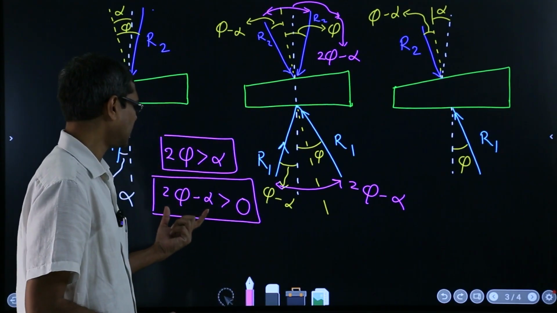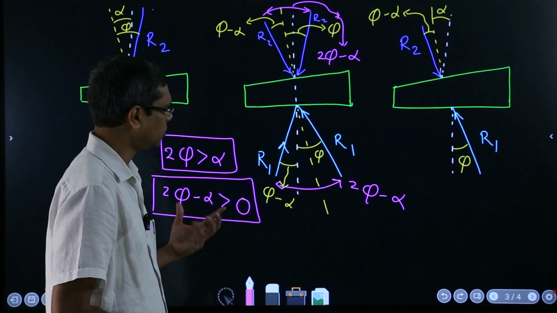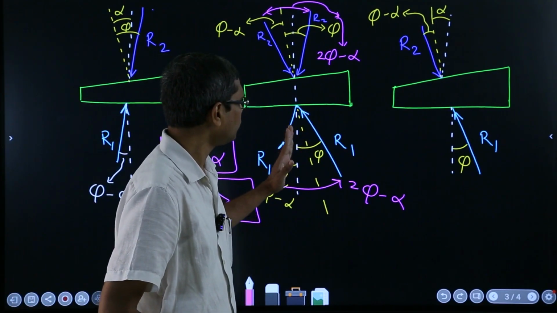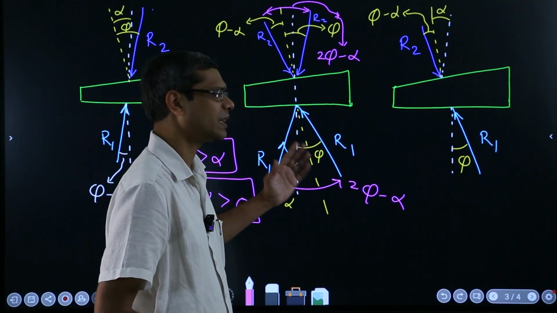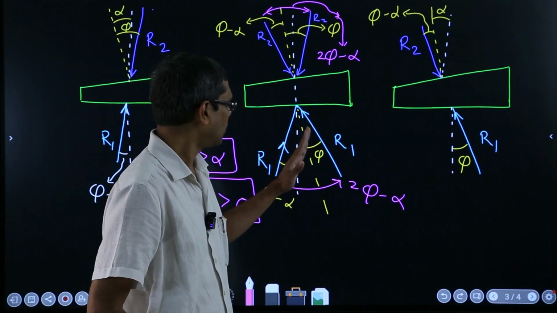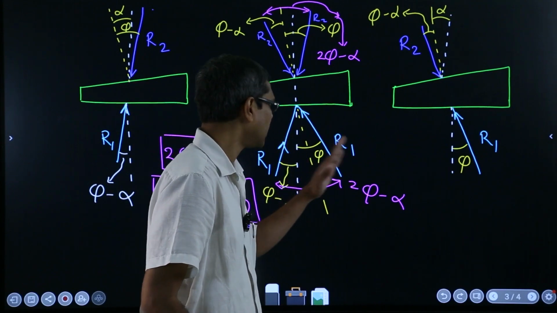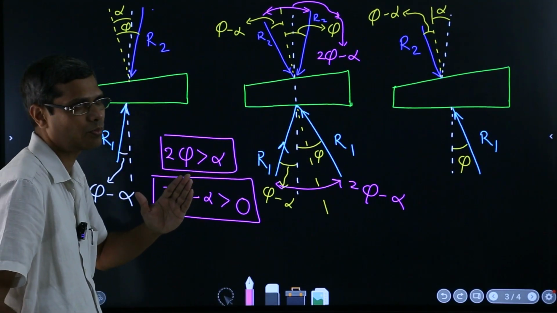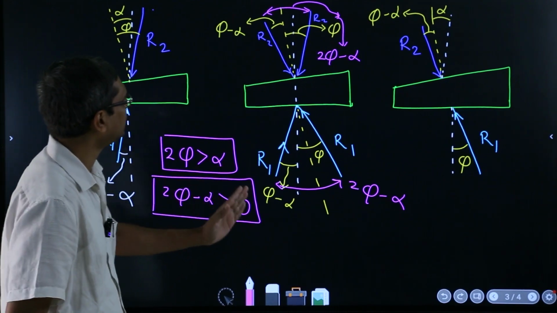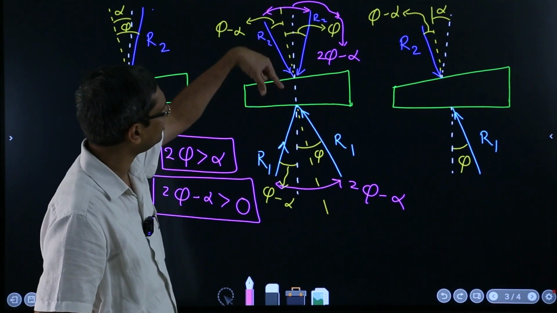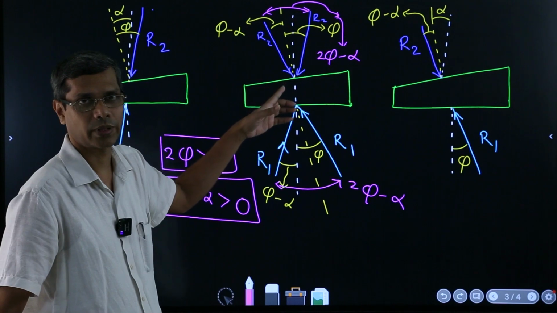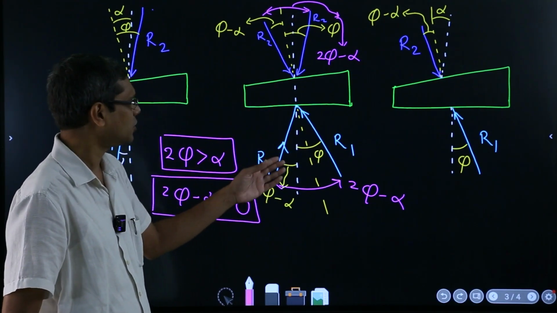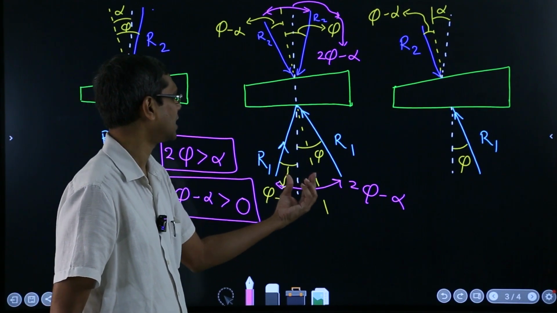Now when this thing is positive or greater than 0, physically what it means is you have these angles, and at some angle R1 can balance itself or position itself so that it can actually balance R2 which is coming from that. Now if this is less than 0, that means you don't have this condition satisfied.